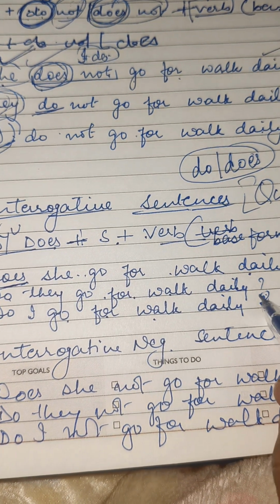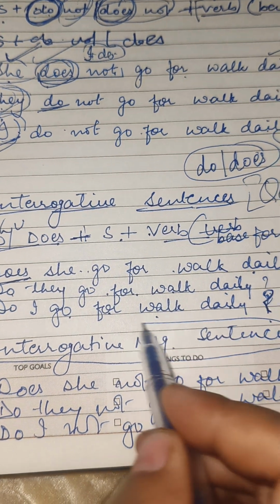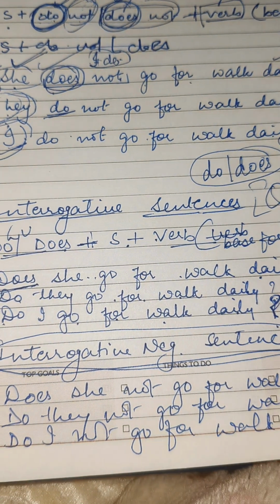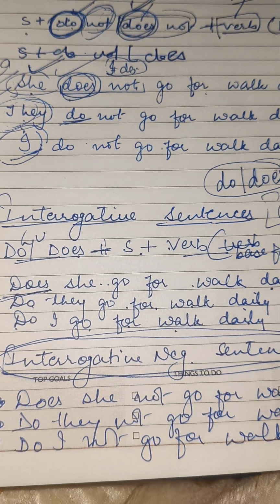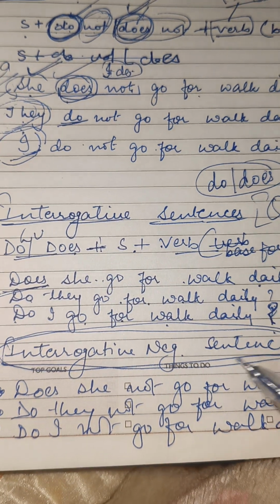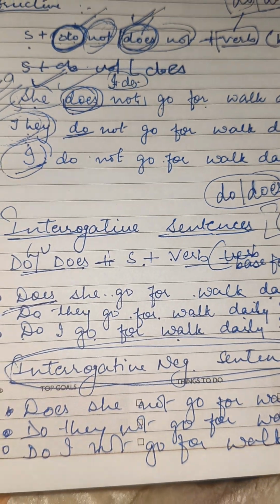One more thing, we talk about interrogative negative sentences. Many times we use these kinds of sentences, where we talk about interrogation as well as negation. So we call these interrogative negative sentences.